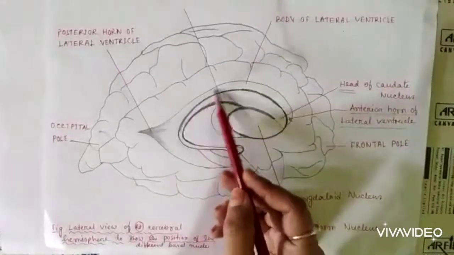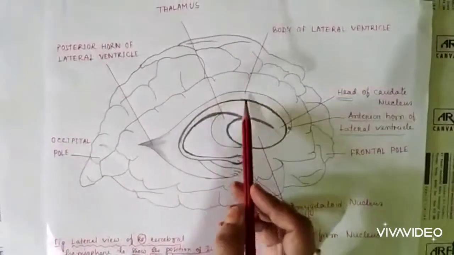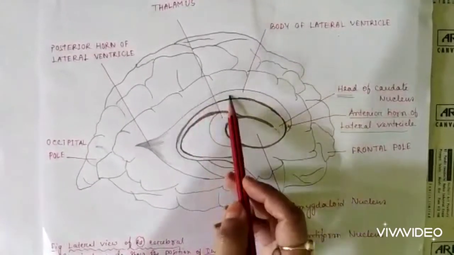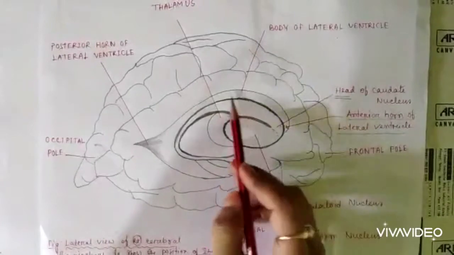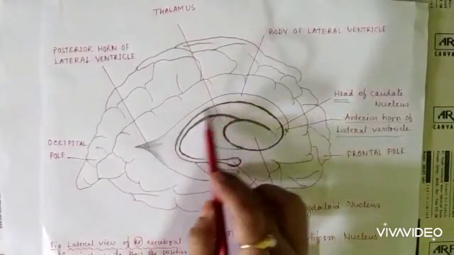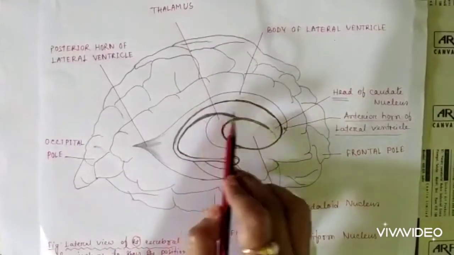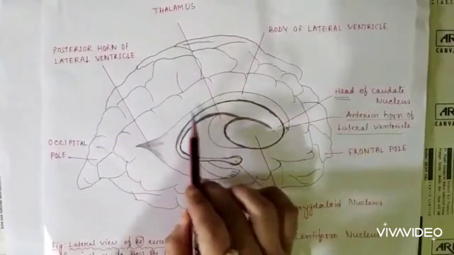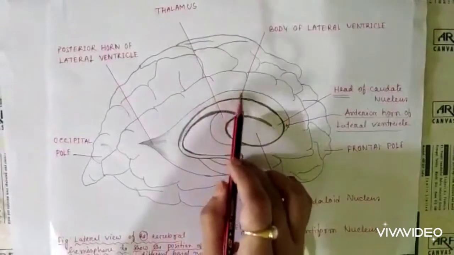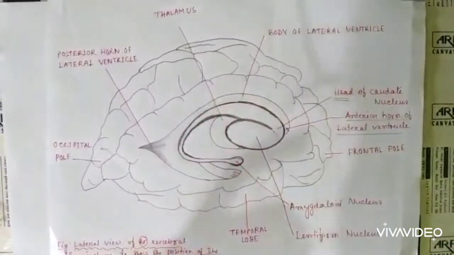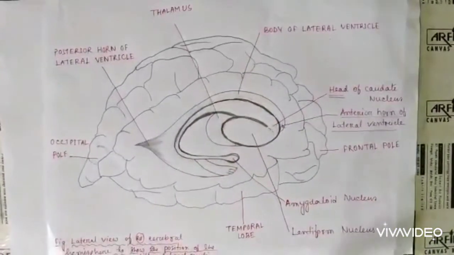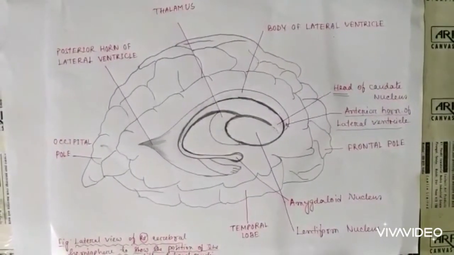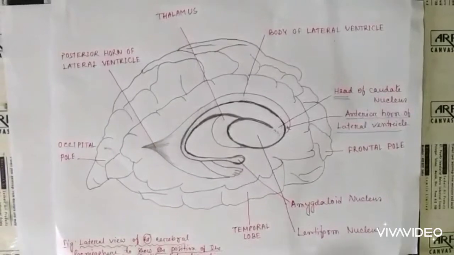This is the lateral ventricle, and this portion is its central portion. So the body of the caudate nucleus forms the floor of the central part of the lateral ventricle, and lies medial to the posterior limb of the internal capsule.